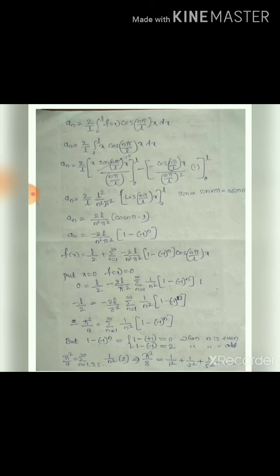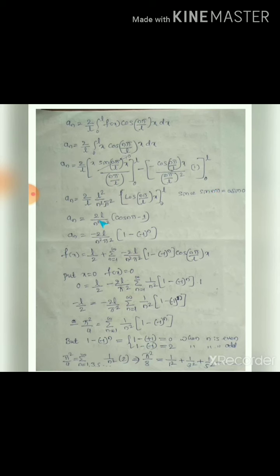Therefore, the integration of sin n pi by L x is minus cos n pi by L x divided by n pi by L. Already one n pi by L is there, therefore n pi by L square. And the differentiation of u is 1, and limits range from 0 to L.